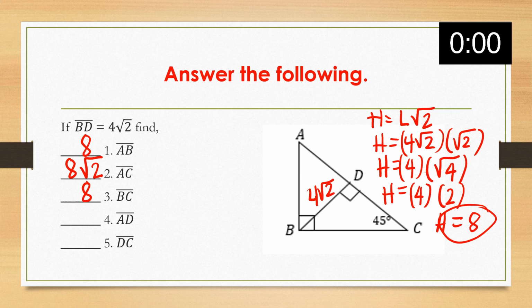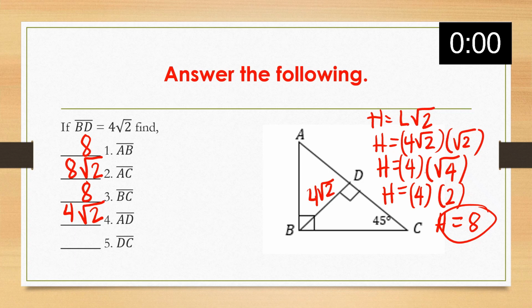How about the length of line segment AD? Correct. That is 4 square root of 2, because line segment BD is congruent to line segment AD. Last one.